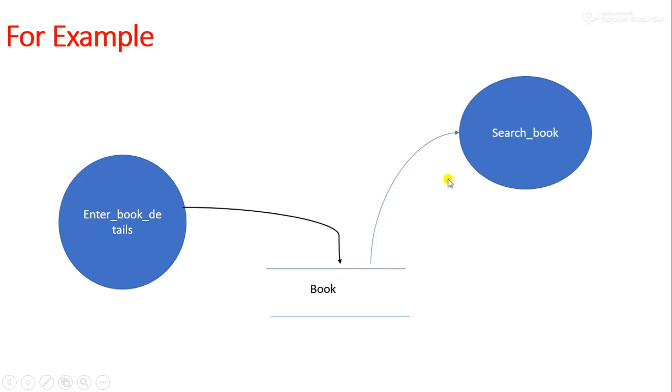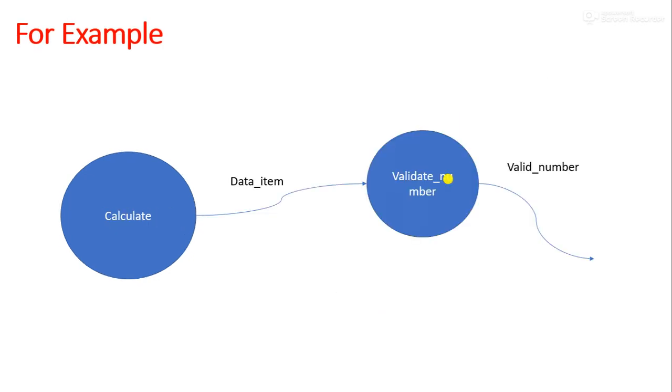And another type is synchronous, where the output of first process is used as the input for another process. So speed of two processes is same, and this type of process is known as synchronous process.